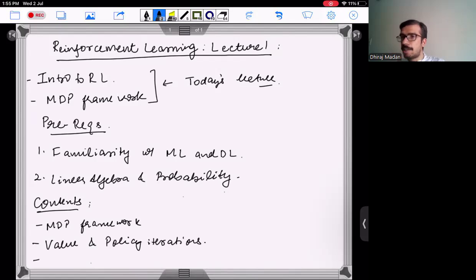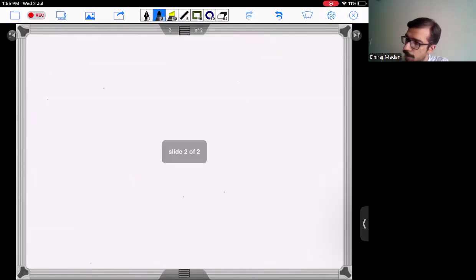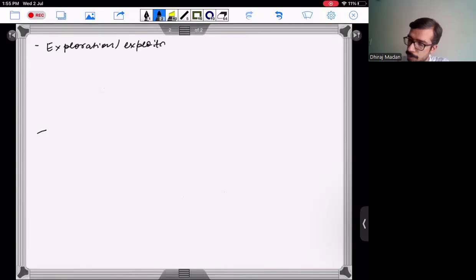Right. And then we'll move on to RL algorithms. So starting with TD learning, Q learning, right? We'll discuss the exploration, exploitation trade-off, including bandits.